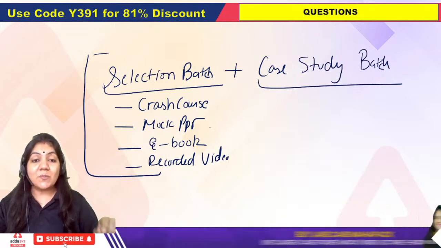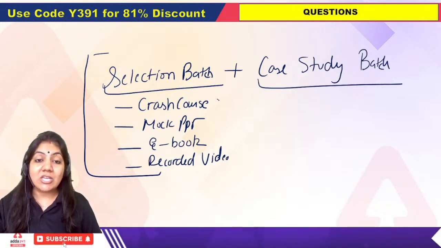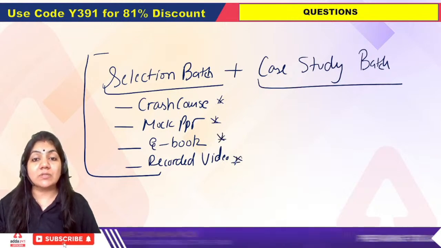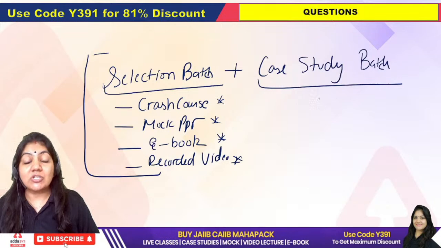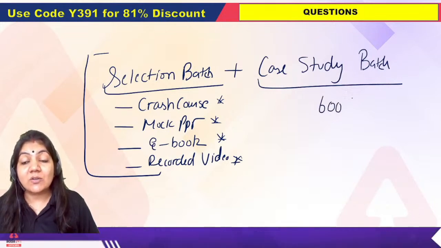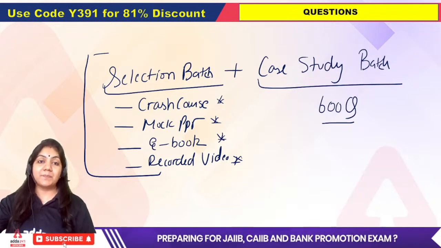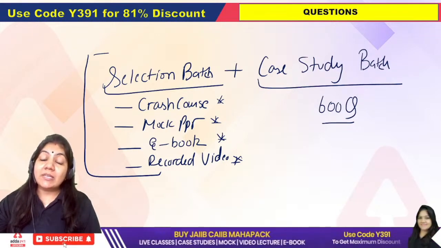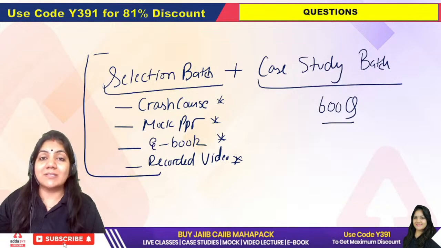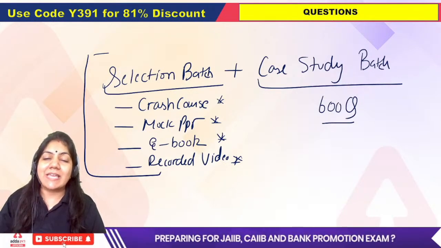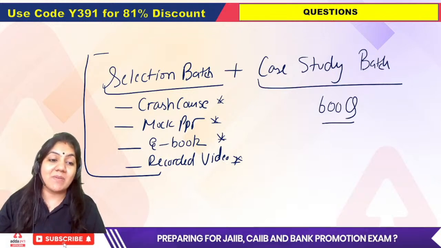If you purchase the selection batch, in which you get the crash course, mock papers, ebooks and recorded videos, plus the case study batch in which you will solve 600 questions, I think that is the way to crack your JAIIB exam. This batch will give you a strong result, so that you can easily tell other people that yes, we just cracked the JAIIB exam.